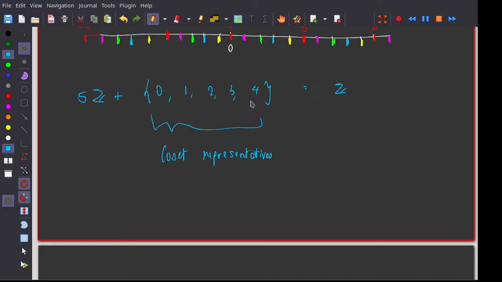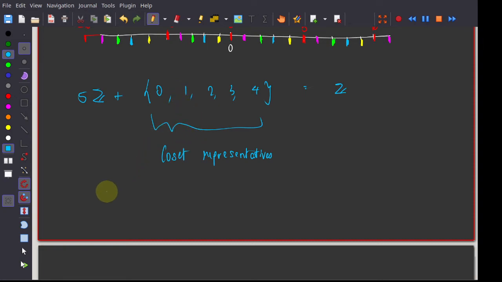What is the addition operation in this case? So does this form a group? 0, 1, 2, 3, 4. Exactly. You take modulo 5 addition, then this forms a group, right?